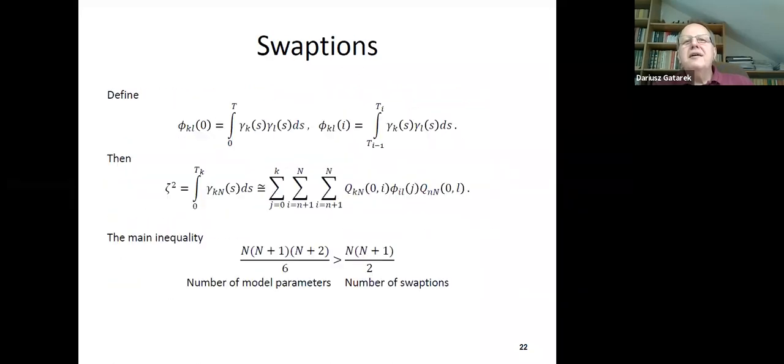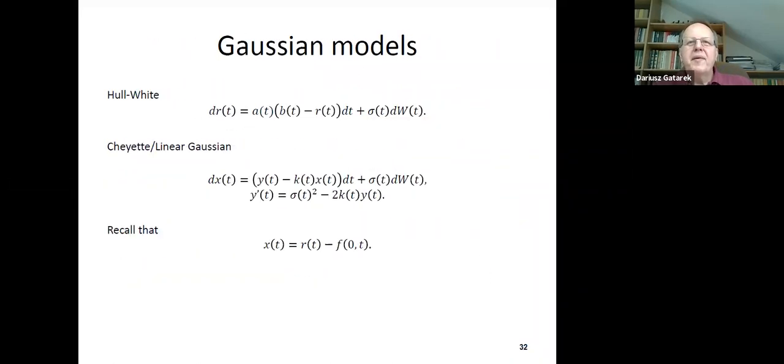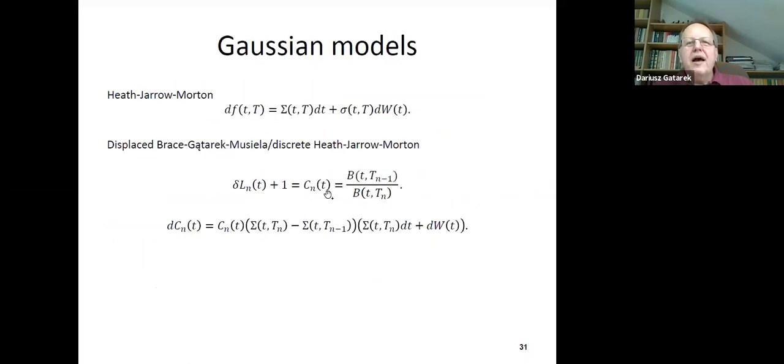And it is a surprise that the Gaussian Heath-Jarrow-Morton model falls into this framework. So this is like the BGM model displaced by rather a big factor, not a small one, but a big.